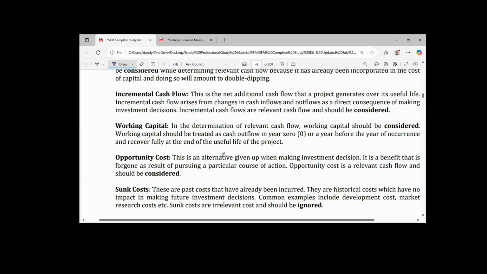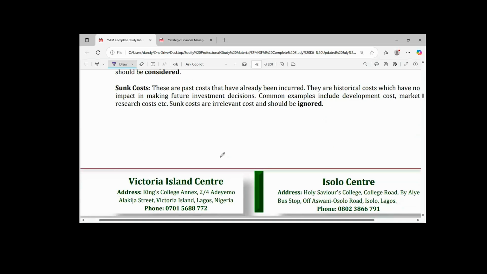If you are given a one-off working capital, this one-off working capital should be treated as a cash outflow in the year before the year of occurrence and recovered fully at the end of the useful life of the project.